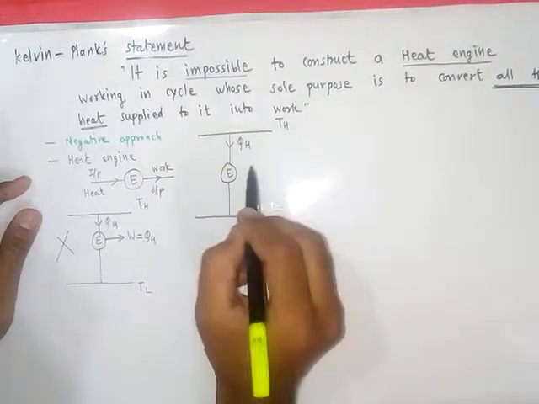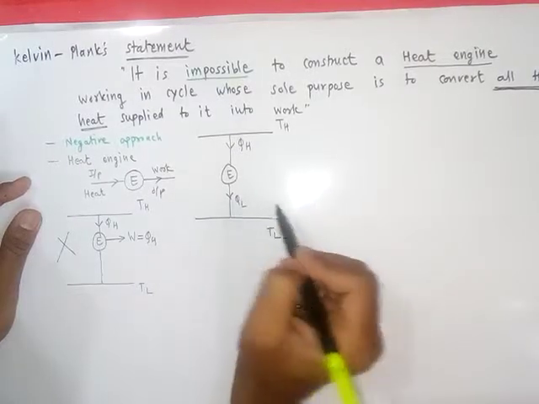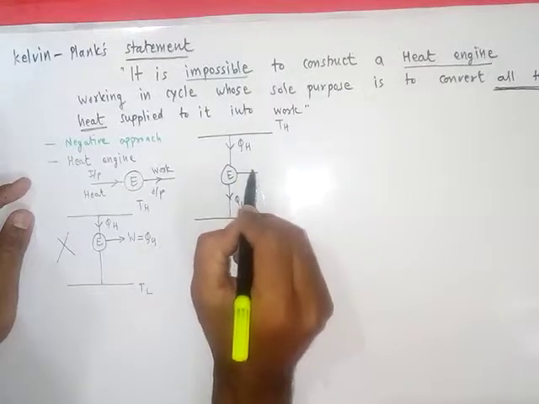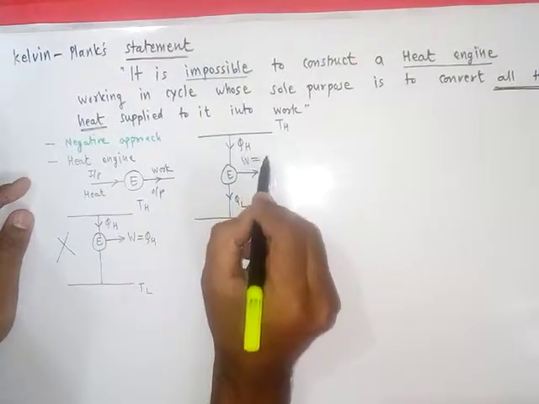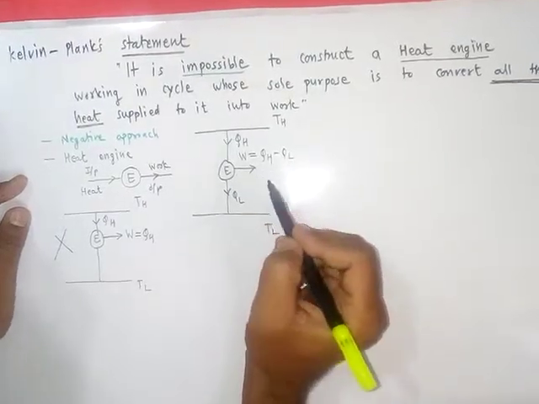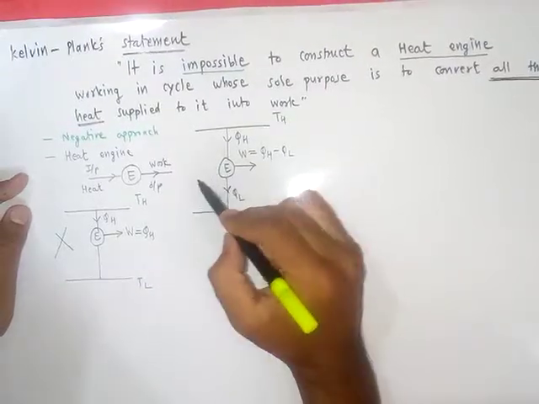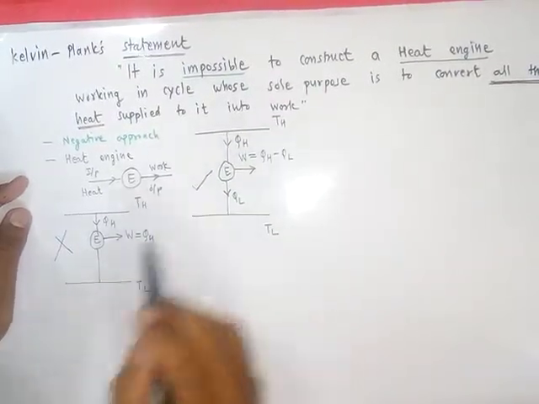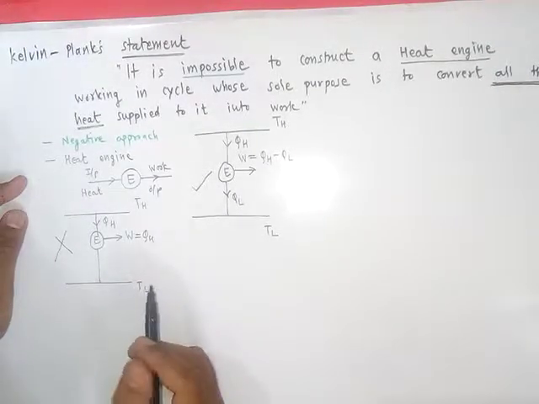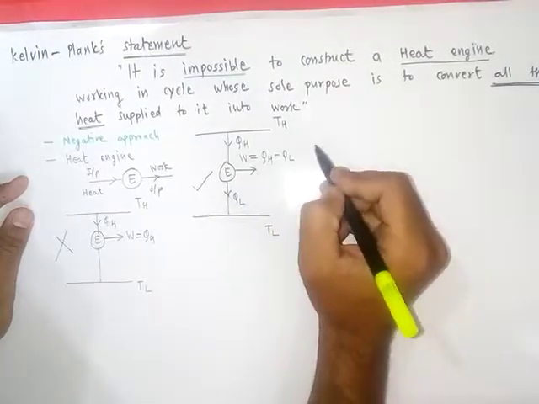Then this heat engine will always reject some heat QL to the low temperature reservoir, and the remaining heat, that is QH minus QL, will be converted into work. This engine is possible according to Kelvin-Planck's statement.